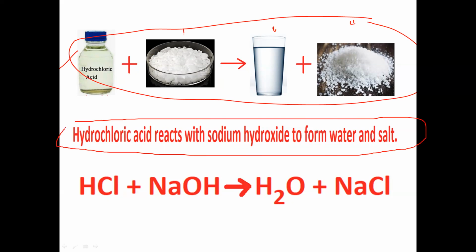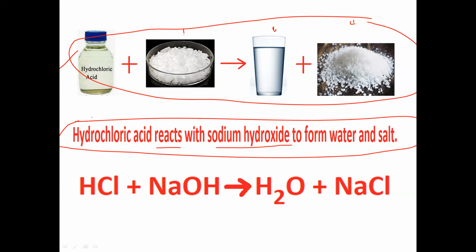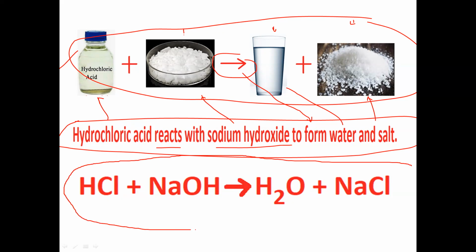So we can say that in a chemical reaction, hydrochloric acid reacts with sodium hydroxide to form, this is the symbol of form, water and salt. And in this last one, this is what we call the chemical equation. As you can see, it uses symbols, chemical formulas, and numbers.